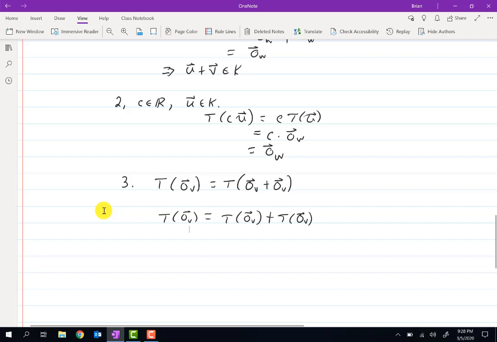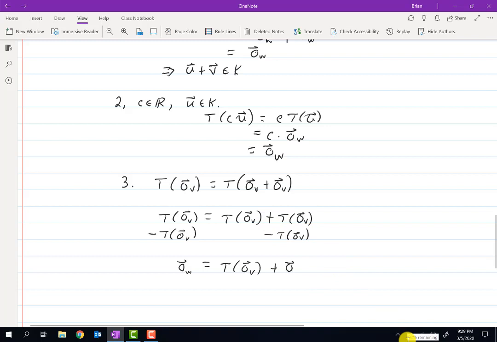So within W, I'm going to subtract T of 0V from both sides of this equation. Since I'm doing this subtraction within W, and I'm taking some vector minus itself within W, this is the 0 vector inside of W. Same over here.